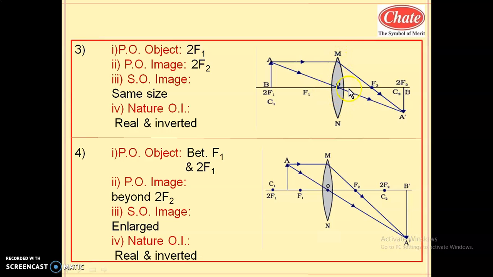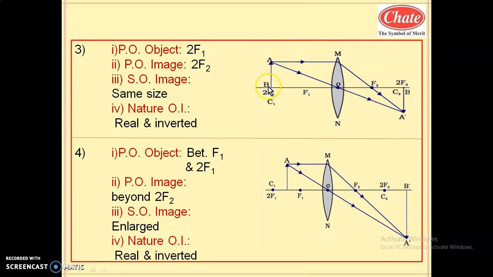Use the same distance in the compass, use this as a center, and draw an arc on this side. You will complete this convex lens. Mark the ends of the convex lens M, N, optical center O, focus F1, F2, centers C1, C2, that are also called 2F1 because this is twice the F1 distance from O, and this is twice F2.